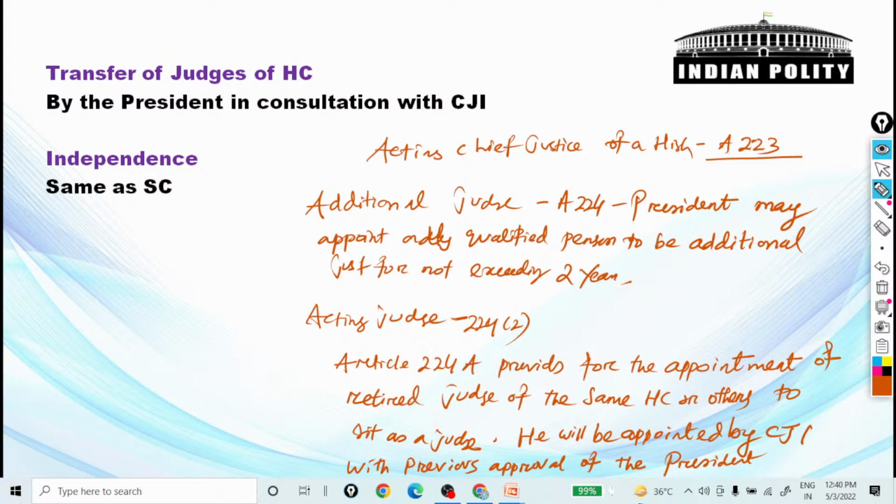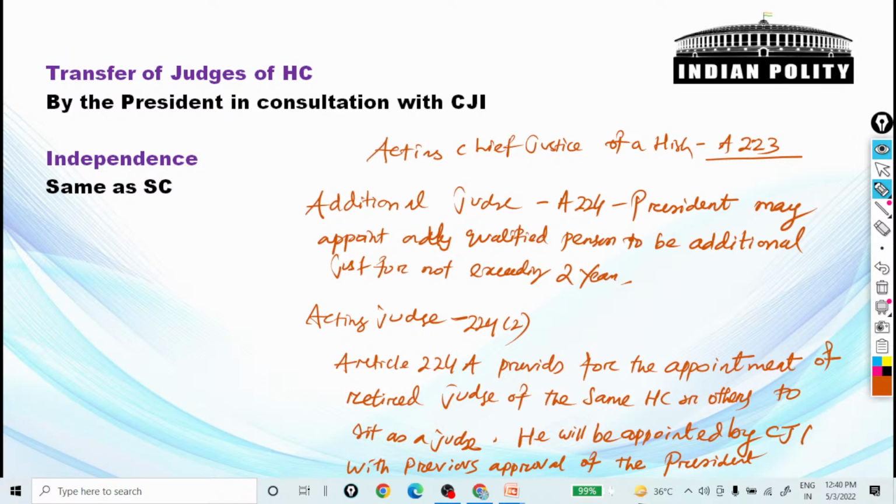So you see that apart from the permanent judges, there are provisions for the appointment of other kinds of judges to help the High Court and the state judiciary function smoothly and deliver justice in time. A major lacuna in the judicial system is that justice is not delivered in due time, and the judiciary is often commented on as lagging behind.